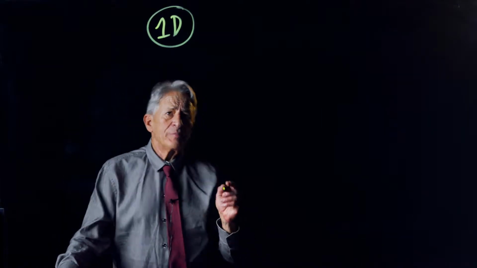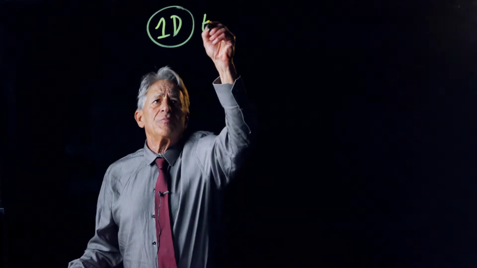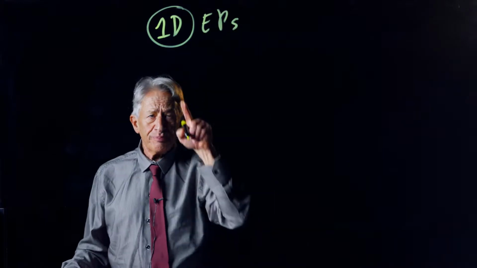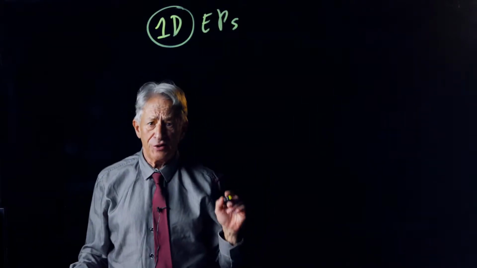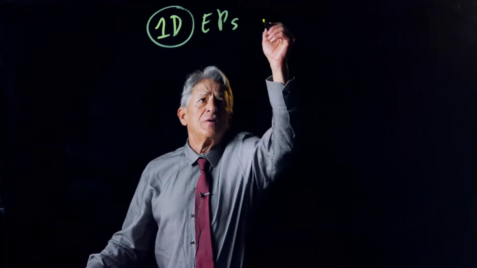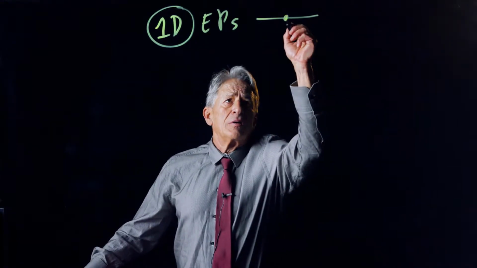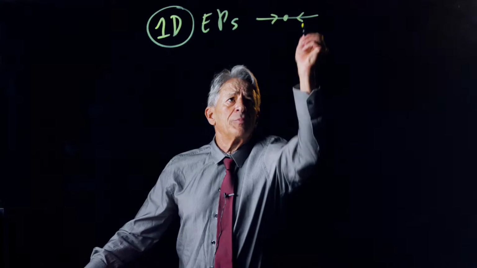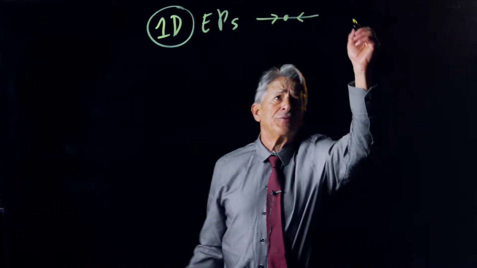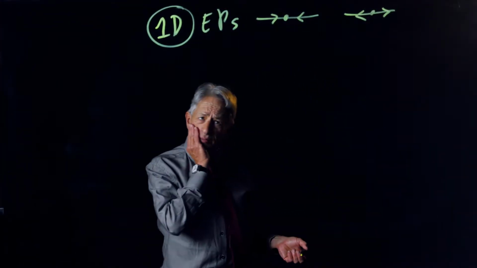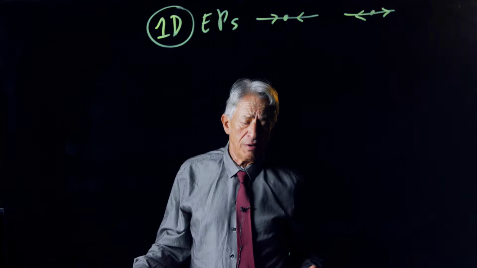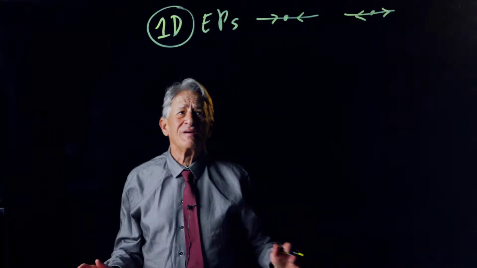Now, you remember that equilibrium points in one dimension come in exactly two flavors, stable equilibrium points and unstable equilibrium points. Those are the two equilibrium points that can occur in a 1D system.